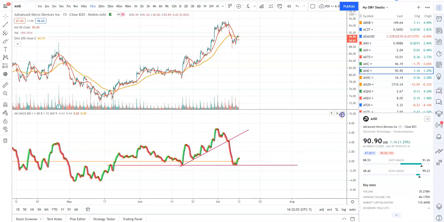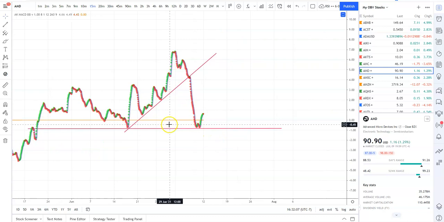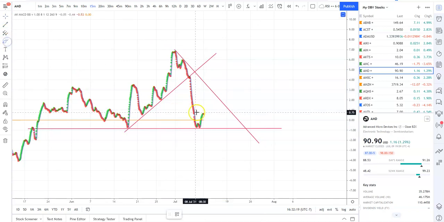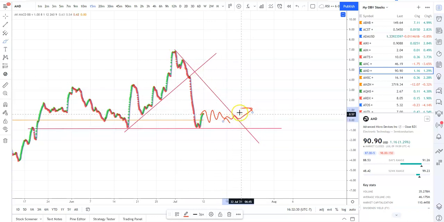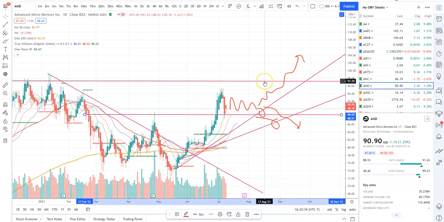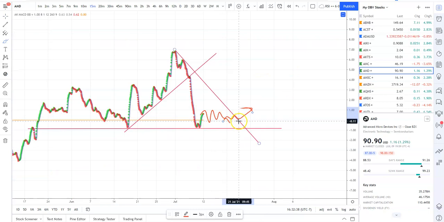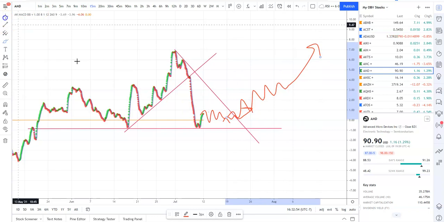It looks like we are coming down here and testing this lower support line here, and it looks basically like we have just headed for a momentum reset, and it's quite possible just in this zone here, if we chop sideways until we break this down sloping resistance, that this leads to a lot of choppy behavior, and I really do not believe that we have a good opportunity to break this resistance here, the upper resistance, until we can at least surpass this down sloping trend line on the momentum and hold above this support here, but preferably above the zero line here, and we start another pattern of upward momentum just like we had here in middle of June that led us to this nice gain here.